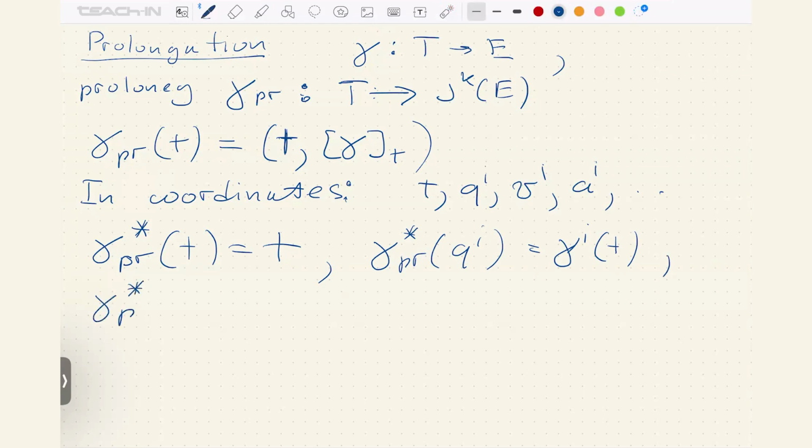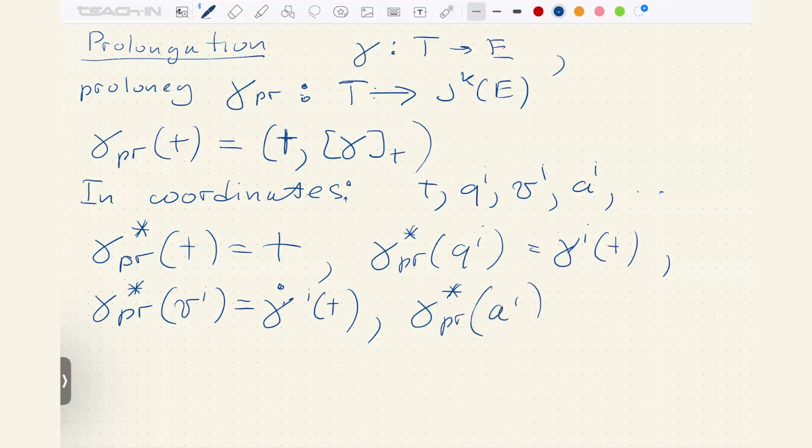Gamma star prolonged of v^i is of course just gamma dot^i. And it's easy to see the pattern. Gamma star prolonged of a^i is of course the acceleration, gamma double dot, etc. The idea is clear, right?